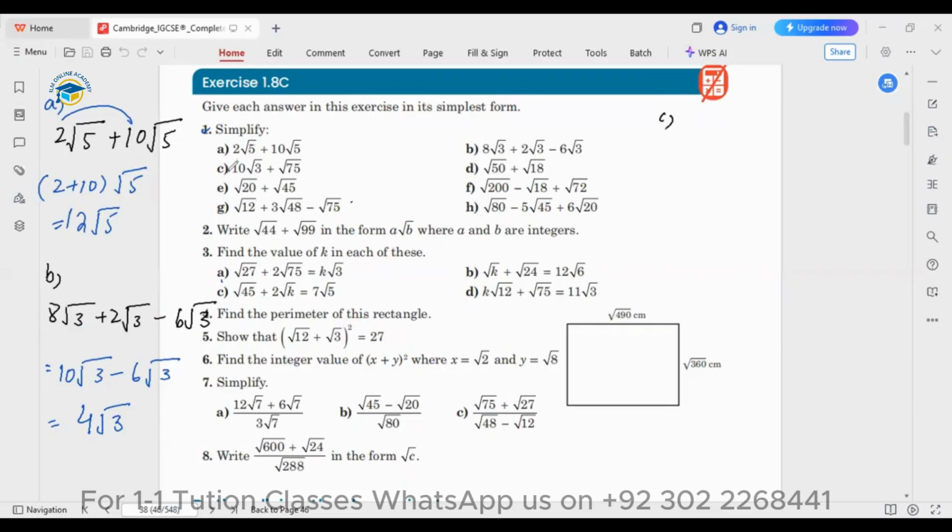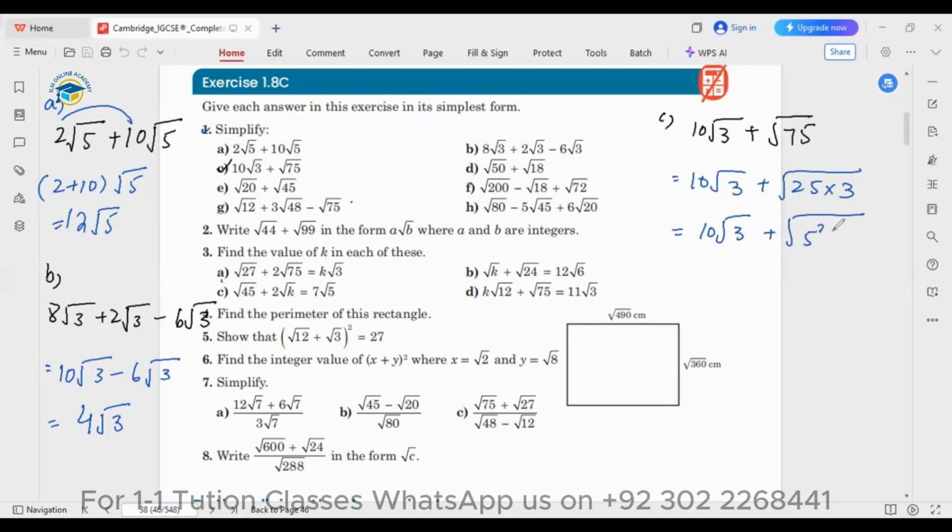Moving towards part C. In this part C, they gave us 10 square root 3 plus square root 75. Okay, so as we have square root 75 along with this square root 3, what we will be doing, first of all, is make 75 into factors so that we can have one number as 3, like 75 is basically divisible by 3. So we know that 25 times 3 will be 75, and 25 is basically the square of 5.